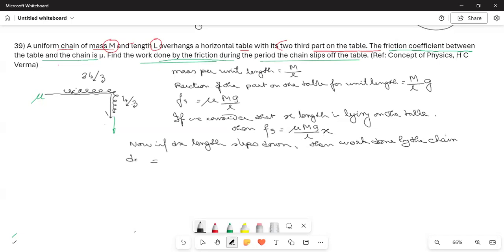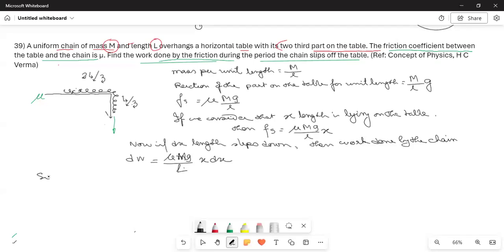So we can designate a small amount of work dW. It is equal to mu M g by L, here it is capital L actually, and M is also capital M, mu M g by L dx.